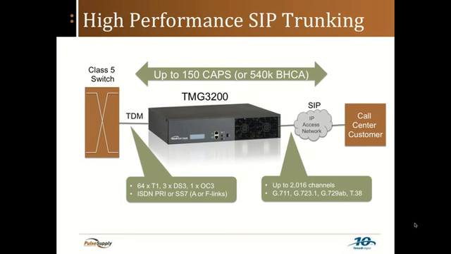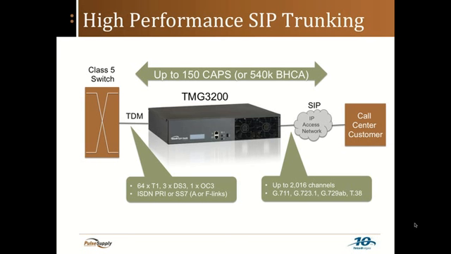In this case, I'm showing an example here where the class 5 switch is delivering SIP trunks to a call center. Usually these call centers are very high traffic generators, and many of them are migrating their infrastructure to SIP, and so they require SIP trunks. Well, it's possible for you to, say, enable your existing TDM switch to serve these customers with SIP trunks.